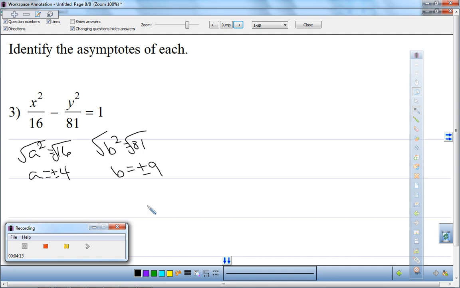Now for what we're doing right now, we're just coming up with the slope of the asymptotes so that we can come up with the equation. So what we have to do is put our rise over run. So x is in the a location, so we'll put 4 on bottom, and then we'll put 9 on top since the b value was underneath the y, and we'll put x.